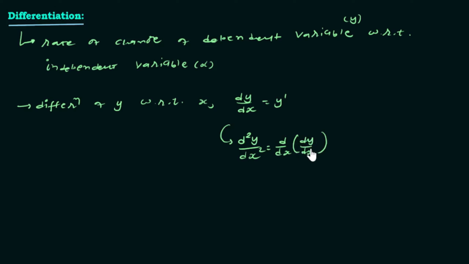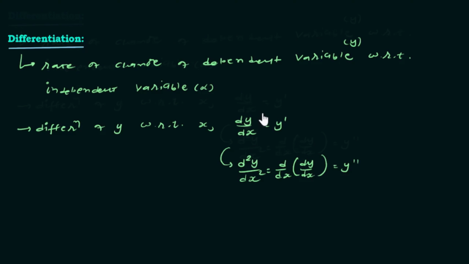Again, whichever quantity I get, I will differentiate again with respect to x. So this is double differentiation of y. Here we can say that in differentiation we just measure the rate of change of the dependent variable with respect to the independent variable. Now let us apply this differentiation to our physics problems.